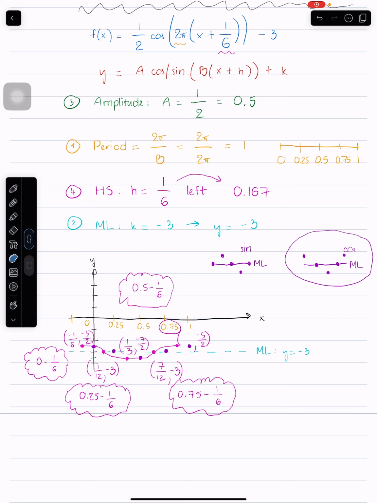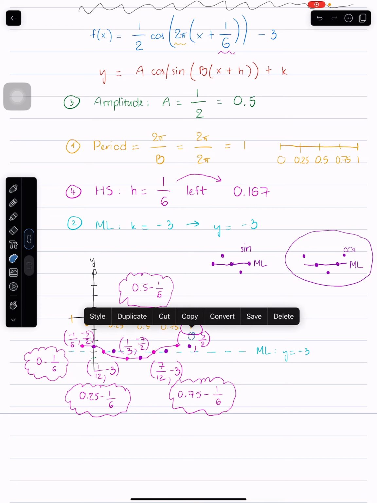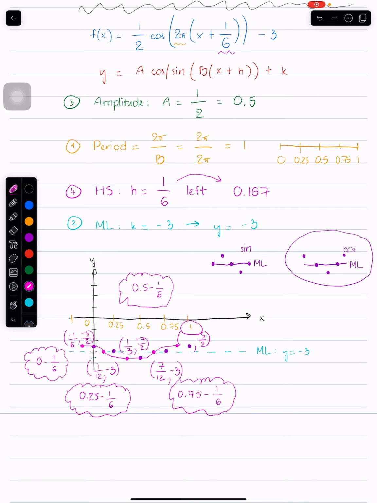Last point, right? I'm focusing on the 1 in here. I'm going to do the same thing, right? So I'm going to do 1 minus 1 over 6 as the work, and then the calculator is going to give me 5 over 6. Okay, let me get rid of this one first, and then I'm going to put 5 over 6 in here to fulfill the last point I have.